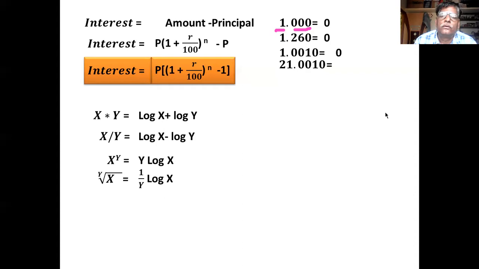Then come to the next. Before the decimal point, how many digits are there? 3. Then the characteristic is 2.